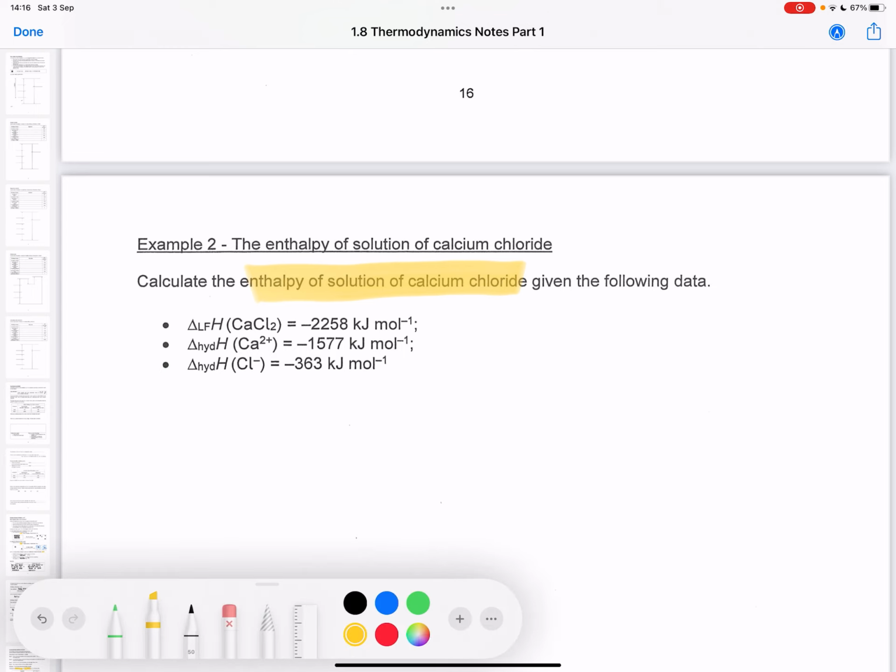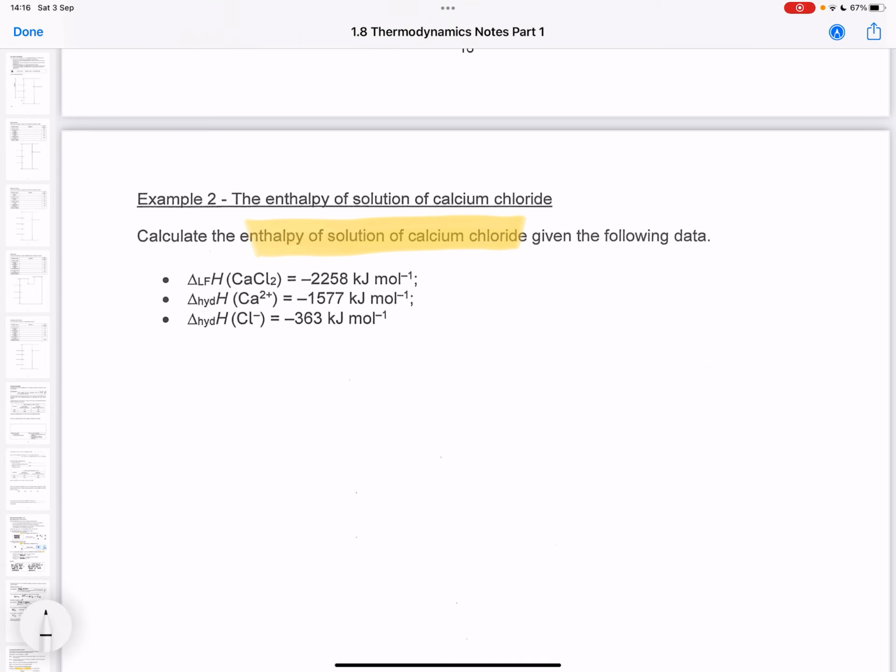Okay, we've been given some data, but let's just make sure we understand what the data is for. So the first one is LF, lattice formation. So the enthalpy change when 1 mole of the solid ionic lattice is formed from the gaseous ions. Now calcium chloride, calcium ions and chloride ions, that arrow is minus 2258.